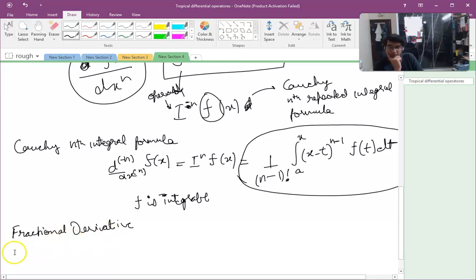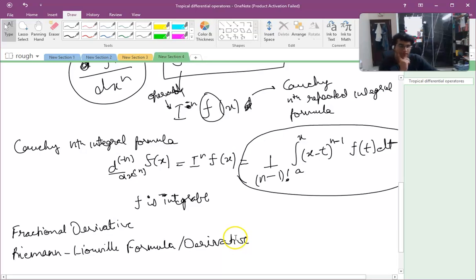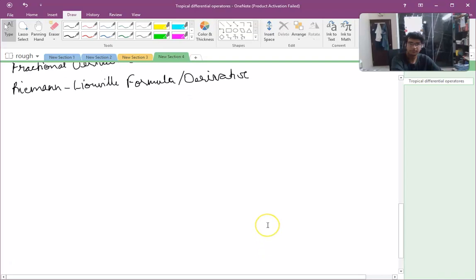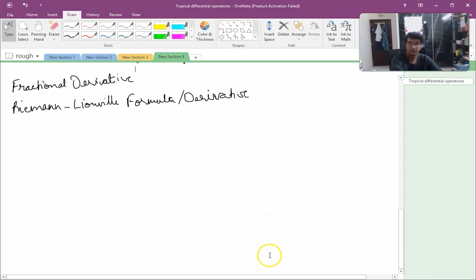In particular, what we'll be looking at is known as the Riemann-Liouville derivative or formula. Let's go down and make space for everything.